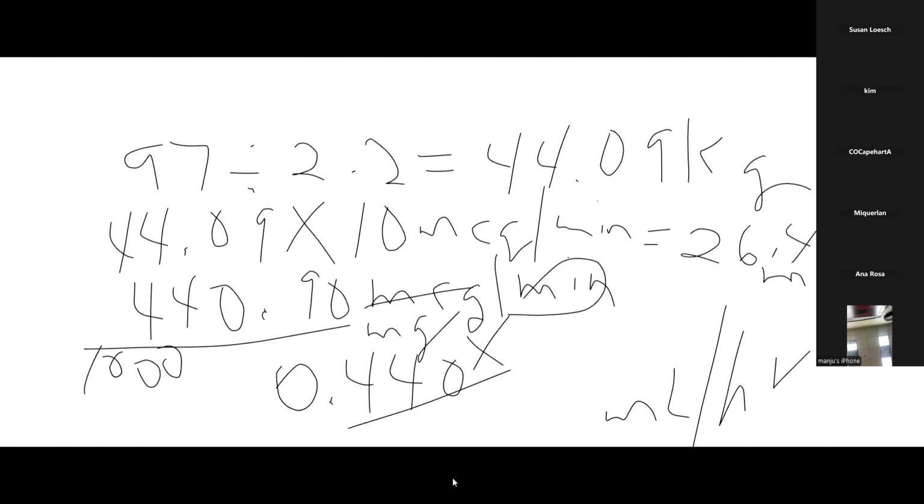And that is going to go over what you have on hand, which was 200 milligrams per 250 mLs. Milligrams is going to cross out, and that should leave you with 33.06 mLs per hour.